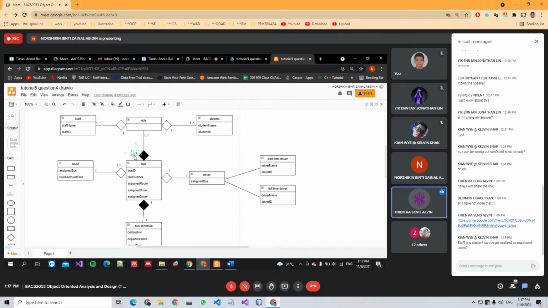This notation, the black one, means that if you don't have the bus, the student cannot ride the bus. So this one is basically equal to composition. Okay, right.